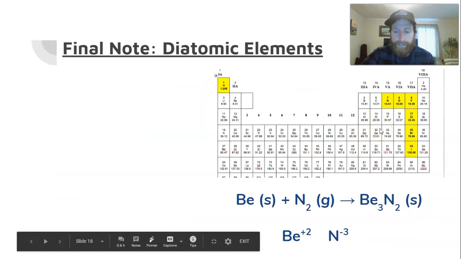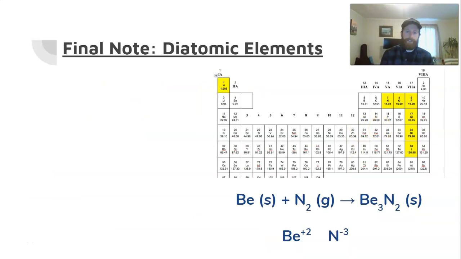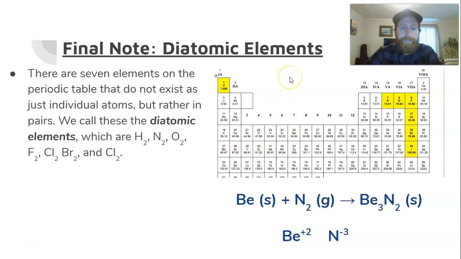All right, and then the last piece, and I'll be real quick about this. When we were studying the periodic table, there is a certain caveat about the periodic table I should have mentioned. It's called diatomic elements, and there are 7 elements on the periodic table that do not exist as just individual atoms.